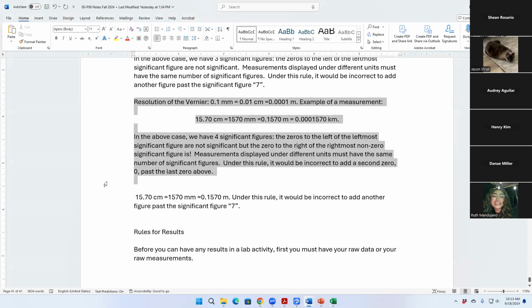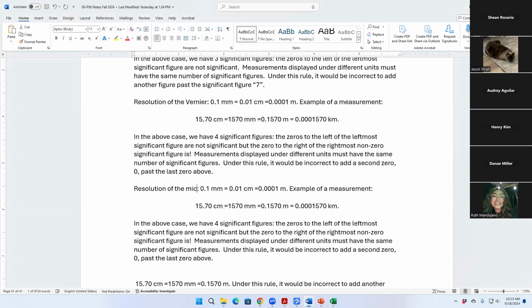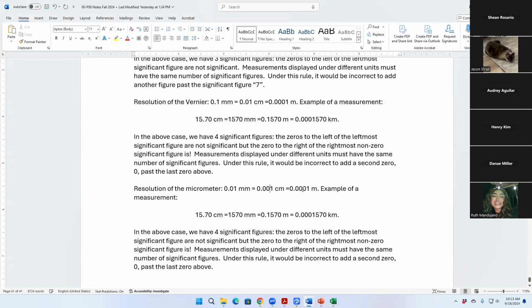Now, the resolution of the micrometer. Then the resolution of the micrometer is even better than the resolution of this vernier caliper. Example of a measurement. Let's see.